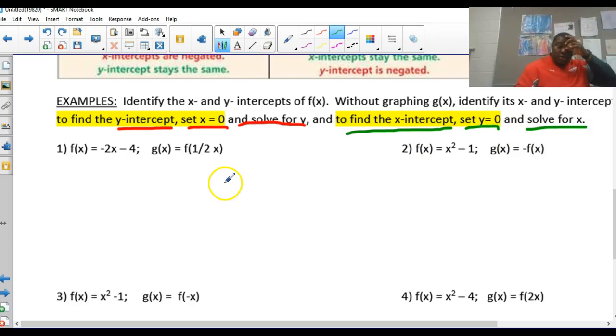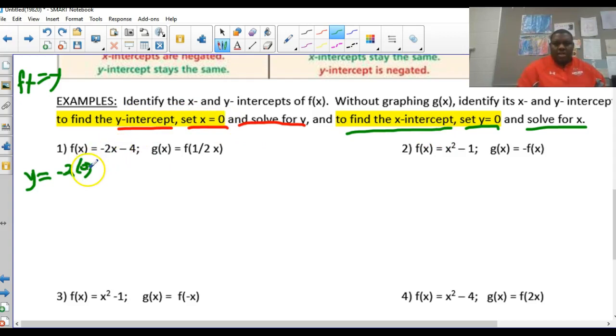So I want to start with the Y-intercept first, okay? Let me write it out. You guys know f of x and y are the same thing, right? So I'm going to go y equals -2 times 0. And the reason I'm putting 0 here is because, again, to find the y-intercept, set x equal to 0.